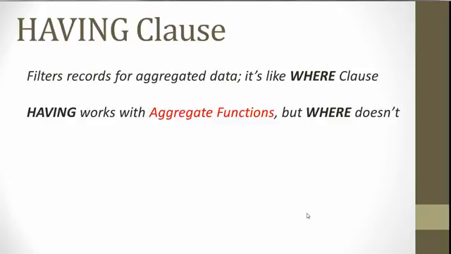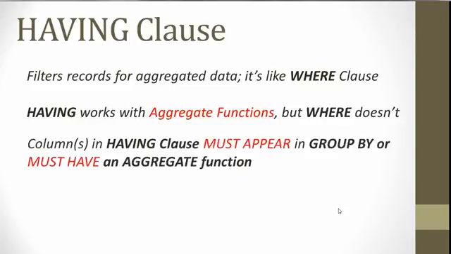You cannot use such a filter in the where clause, but you can use the having clause for that purpose actually. So that's the difference between these two. Now if you have columns in the having clause, then they must either be in a group by clause or they must have an aggregate function tied to them.